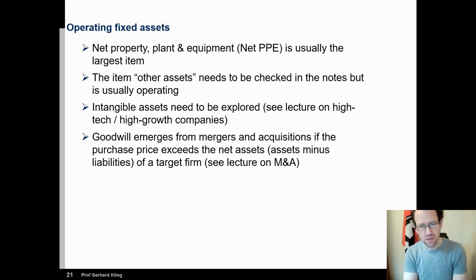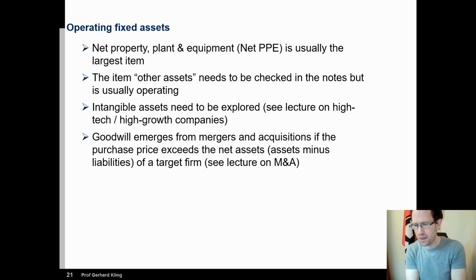The main driver of goodwill is mergers and acquisitions. Whenever you purchase a target firm, and the price you pay for the target is higher than the net assets, the net assets being all the assets you acquire minus the liabilities.